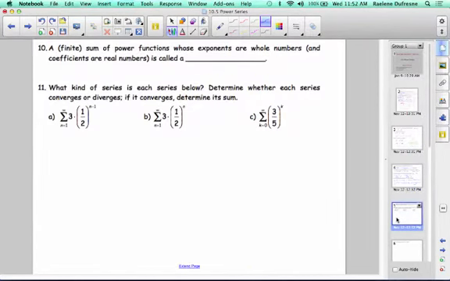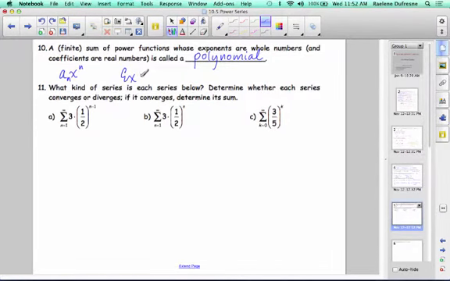In number 10, a finite sum of power functions whose exponents are whole numbers and whose coefficients are real numbers is referred to as, well, if we have power functions of the form a times x to the n, but n is a whole number, and the coefficients, maybe these are coefficients a_0, a_1, a_2, a_3, etc., then when we have a sum of these, a finite number, this is a polynomial.